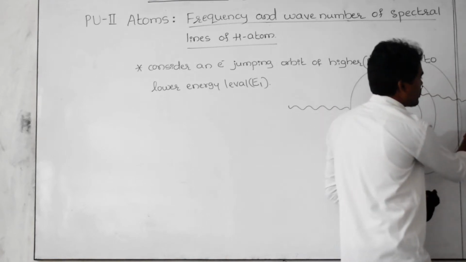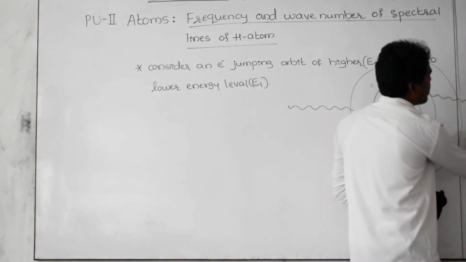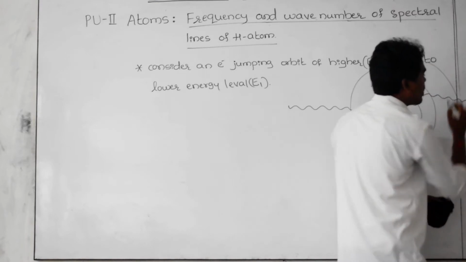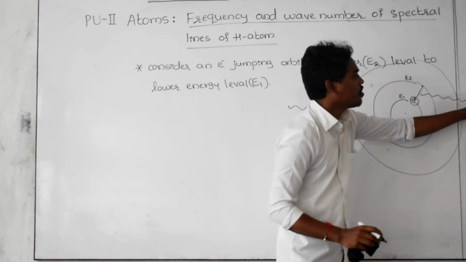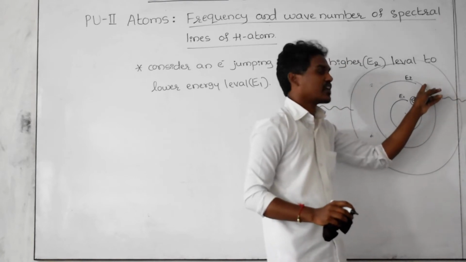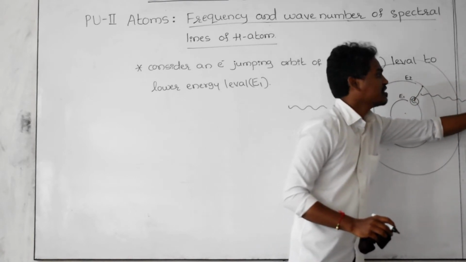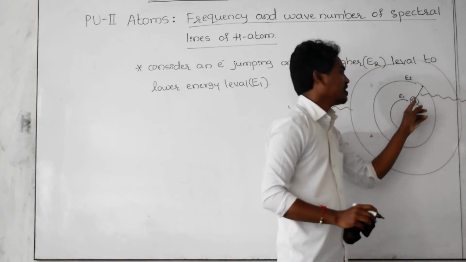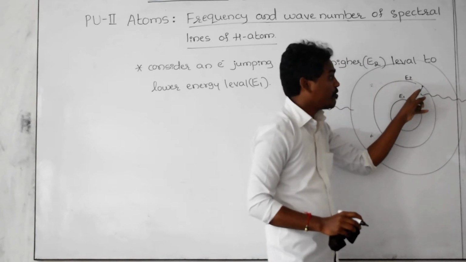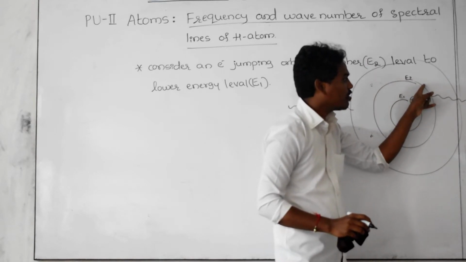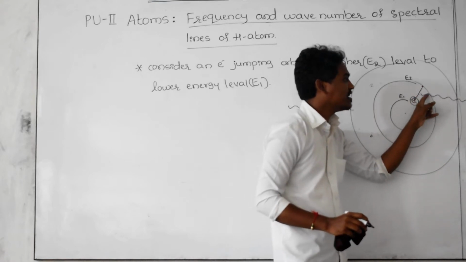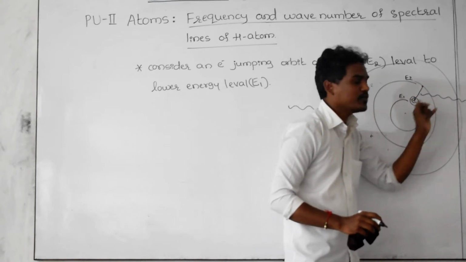Let us consider there is a formula E is equal to E2 minus E1. What is E2 here? This is the energy of the electron present in the second orbit. What is E1? This is the energy of the electron present in the first orbit. Whenever the electron jumps from the second orbit to the first orbit, it releases energy.